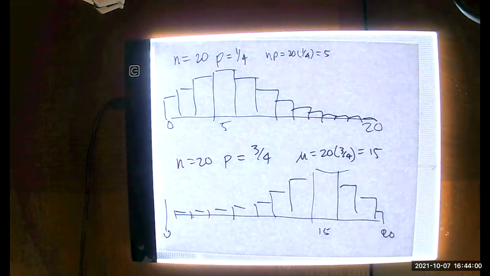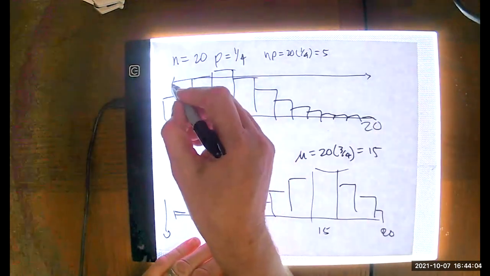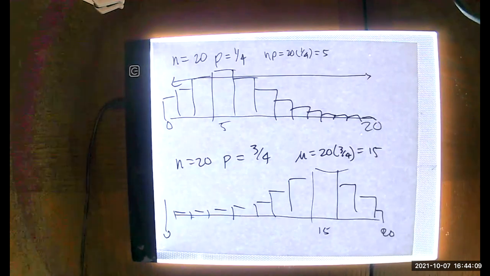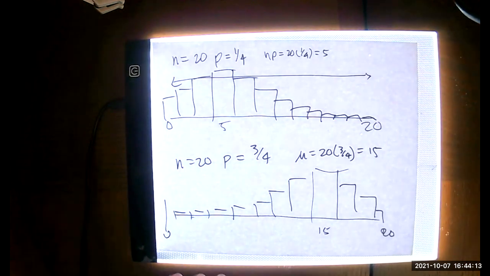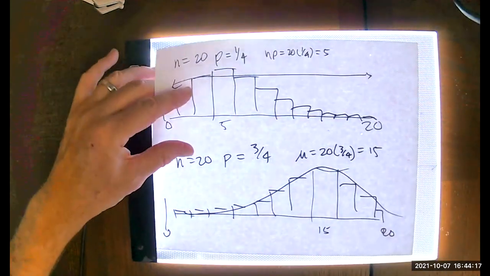That is, that hump, if you will, moves left to right depending on p, as p goes from small to large. By the way, the hump is not a technical mathematical term, but that's what I call it. I call it the hump. So there you go.